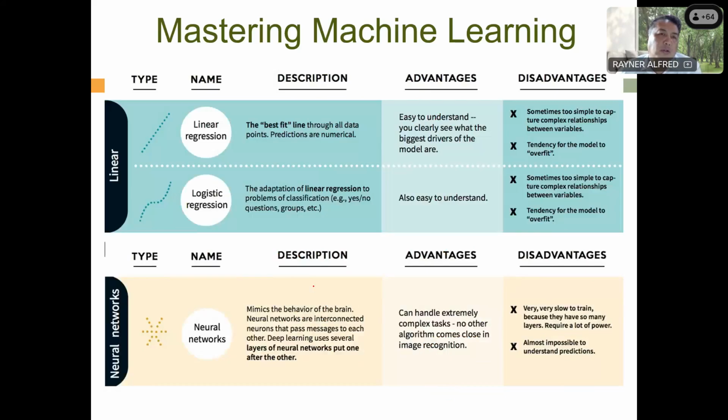We also look at how we divide the tasks that we have. For example, we may have a linear problem in which we are looking at the best fit line through our data.